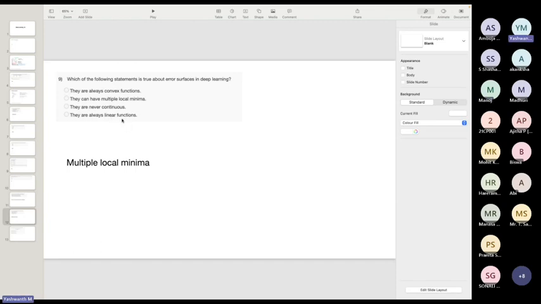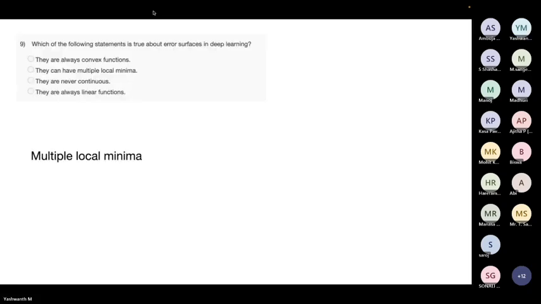So they are linear. Do you know what convex functions are? If not, I can quickly tell what it is. Speak out, I cannot see the chat. Yes, please explain convex functions.